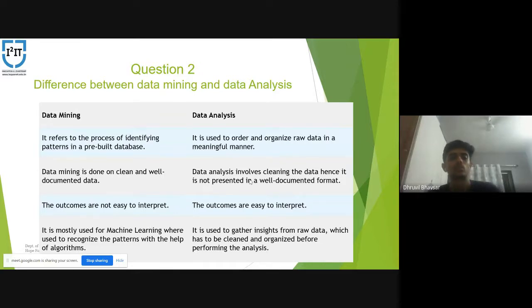So we can conclude that data mining is just collecting specific data, and data analysis is taking the raw data, organizing it and then cleaning it and further doing the process, which is called data analysis.